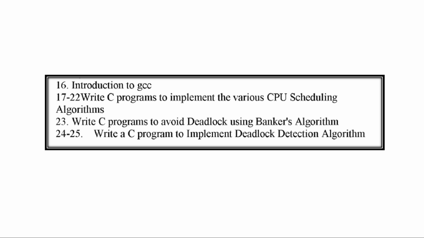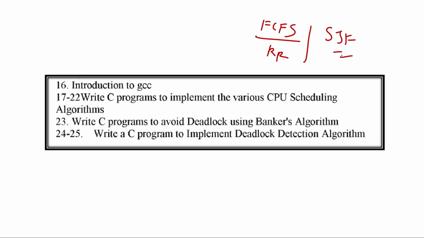Then we have to write a C program to implement various CPU scheduling algorithms. Mainly the section B part we have to implement using programming, using C language. We will discuss various CPU scheduling algorithms, like FCFS, then round robin, then shortest job first.